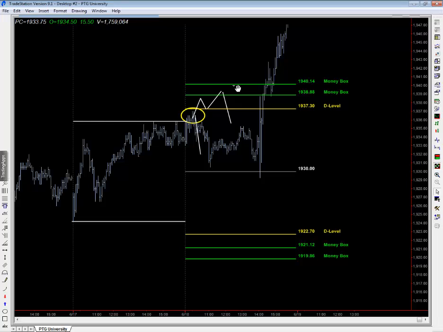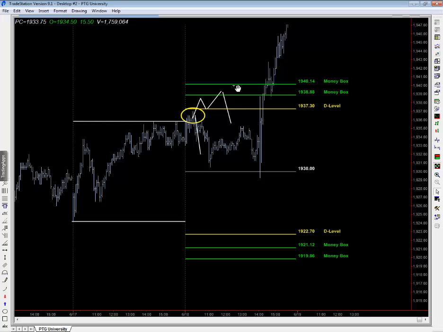Now, taking individually, we're just discussing the money box D level. Starting to layer stat X zones, target master levels, and initial balance zones, perhaps. The targets off the initial balance and the opening range start to build zones of confluence, so overlapping zones or levels, but based upon different calculations.